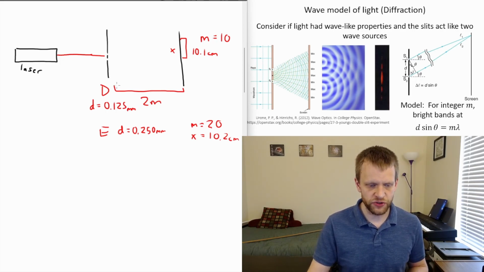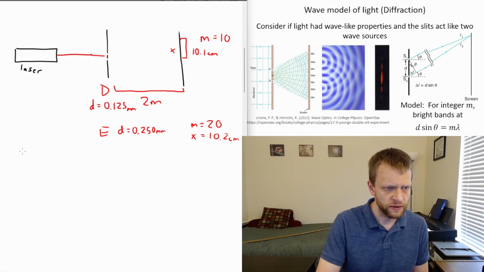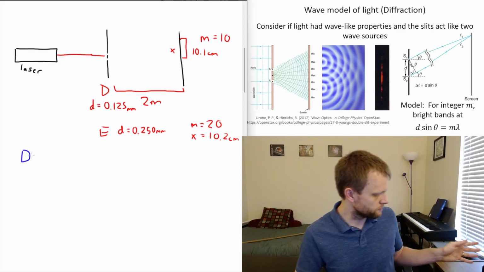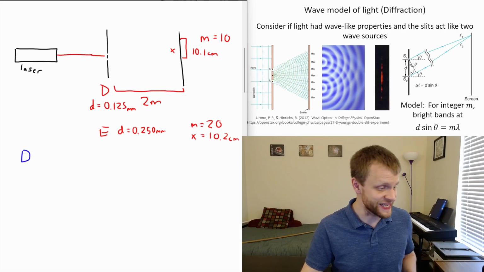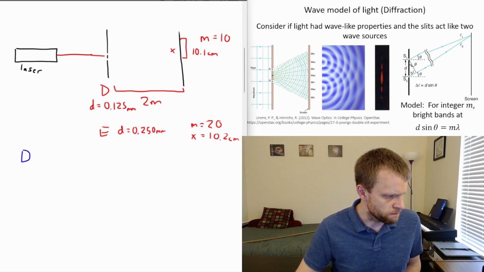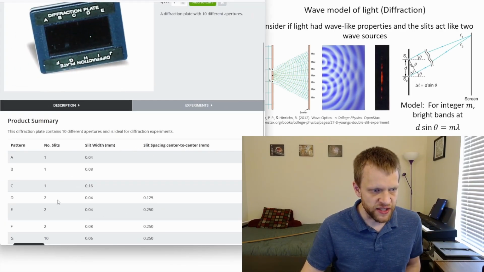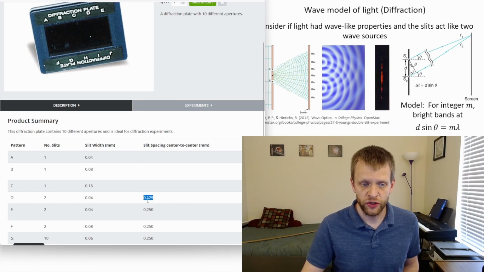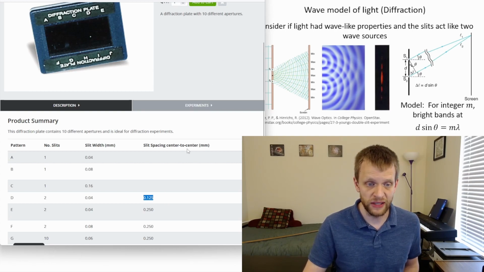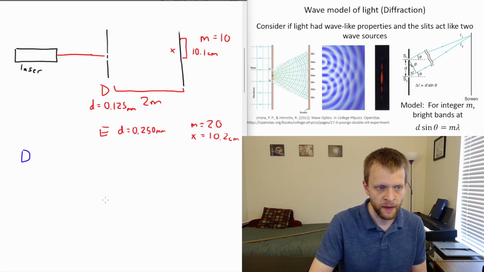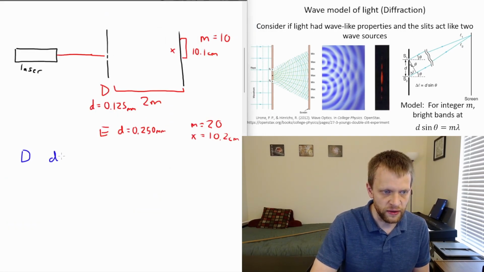In our first test, when we used the aperture for D, the manufacturer's label says that there should be two slits, and the separation between the slits from center to center should be 0.125 millimeters. So on this equation, little d would be 0.125 millimeters.